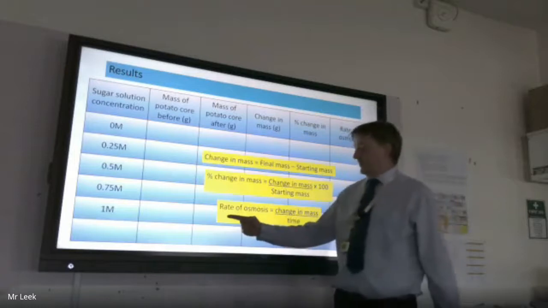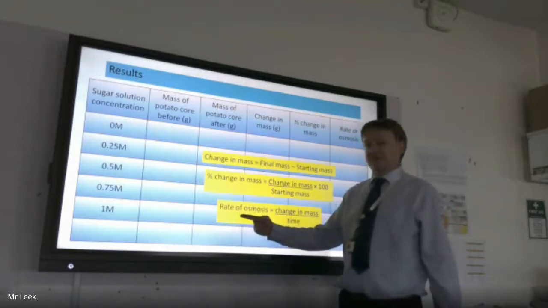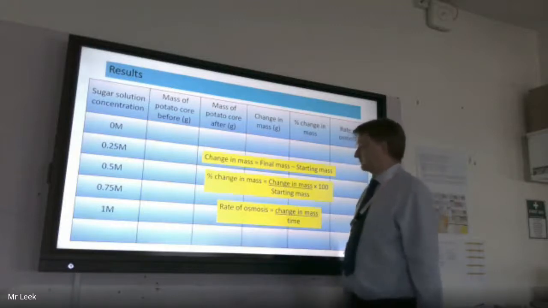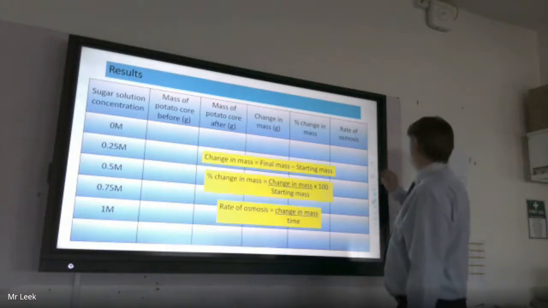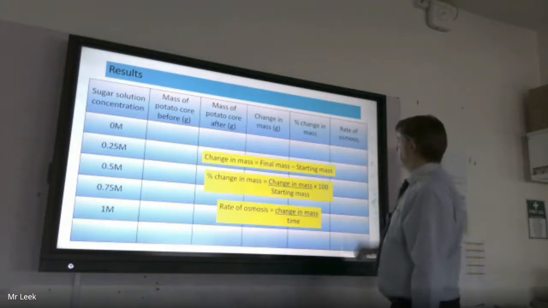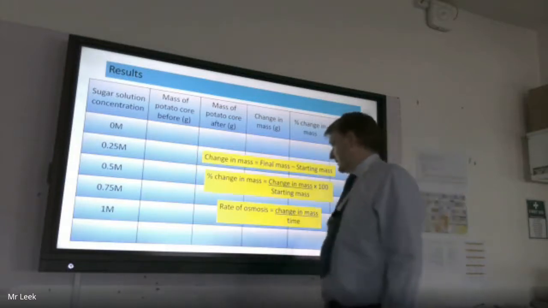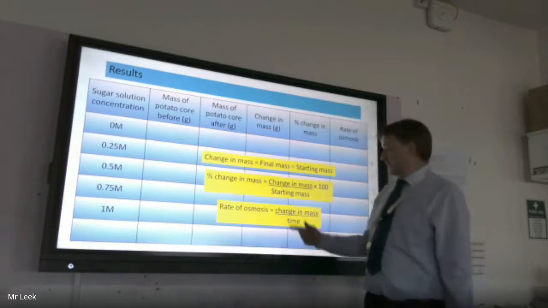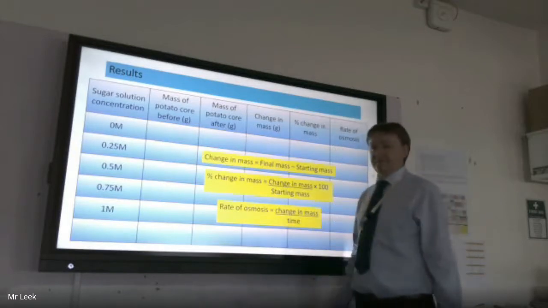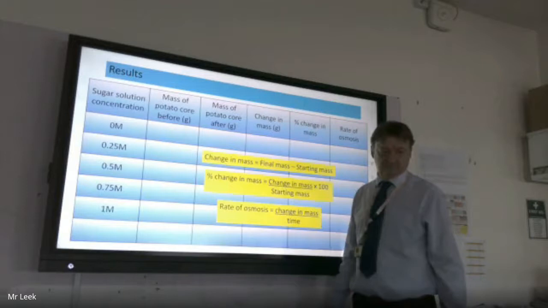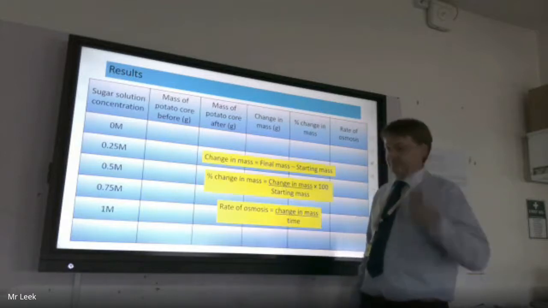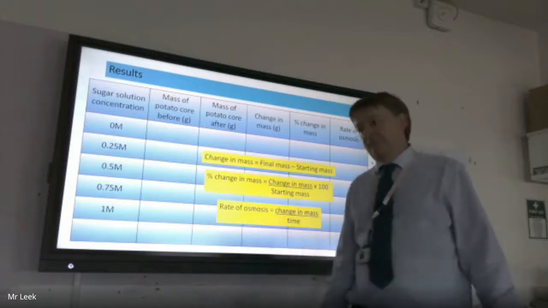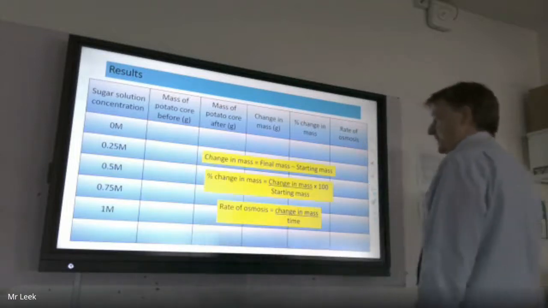The third one is rate of osmosis equals change in mass divided by time.